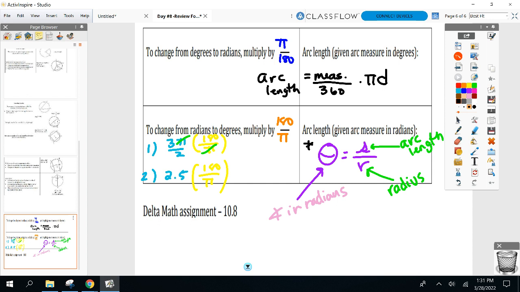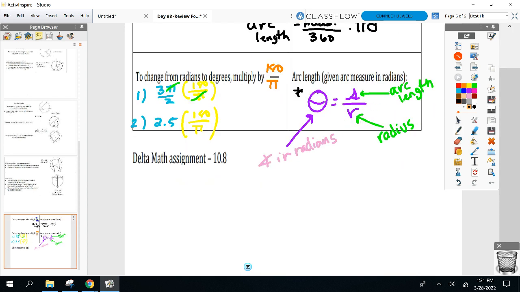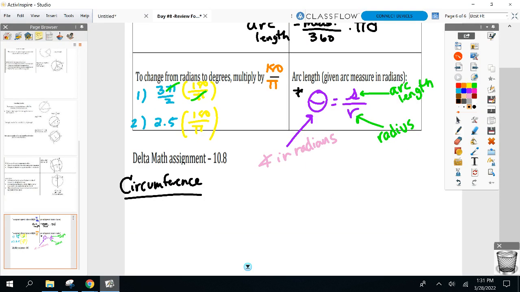I have 2 more items I need you to jot down. One formula that's not up there: circumference. What do you got for the circumference formula? Pi d. Now, let's be honest. You're in honors geometry.